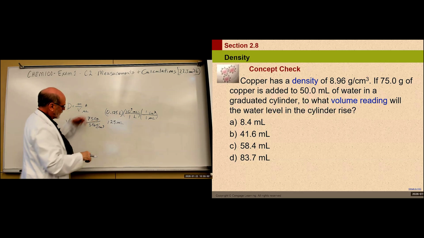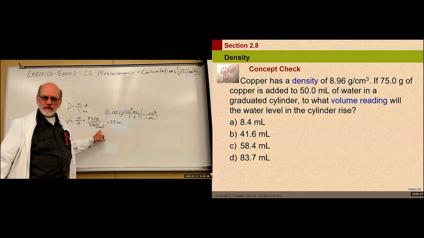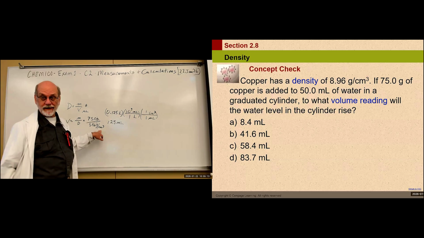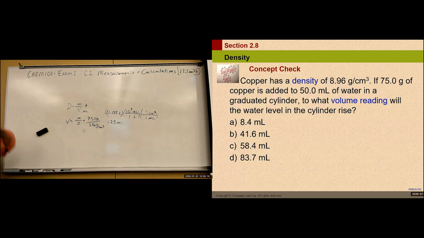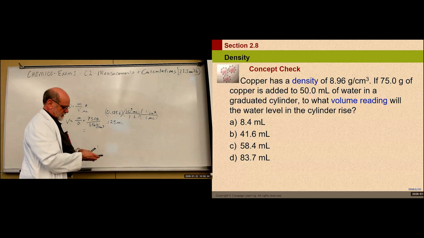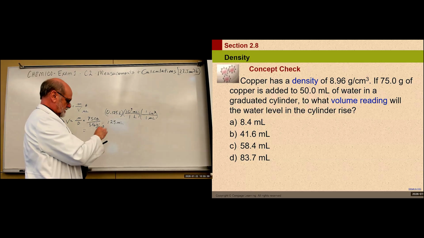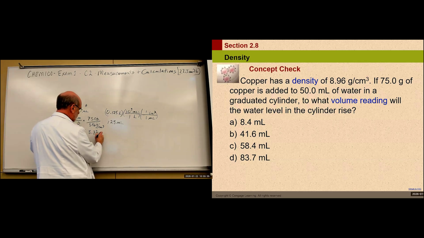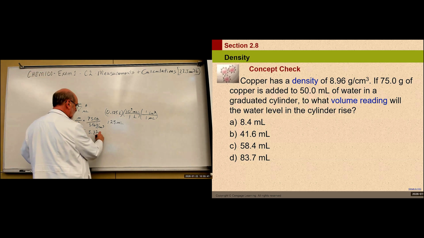The grams in numerator and denominator cancel, and the cubic centimeters in the denominator of the denominator is, in mathematical terms, a numerator. So this flips up here like that, and let me get my calculator. 75 divided by 8.96 is 8.37 cubic centimeters. Actually, a cubic centimeter is a milliliter, so we can change that to milliliters.